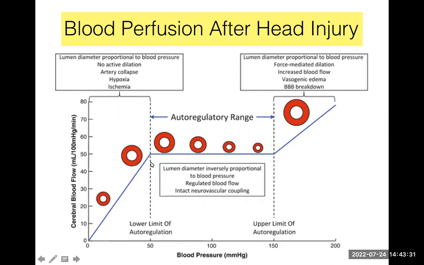You can see over here, it's autoregulated to maintain a constant cerebral blood flow under pressure autoregulation. Severe traumatic brain injury can disrupt pressure autoregulation to the point that the brain cannot adequately compensate for changes in CPP. So in this kind of situation, if the MAP is too low, ischemia and infarction can occur. But if the MAP is too high, marked brain swelling occurs with elevation.